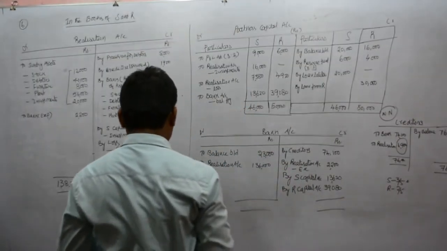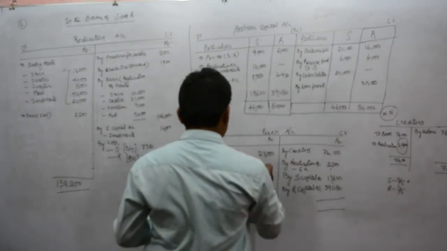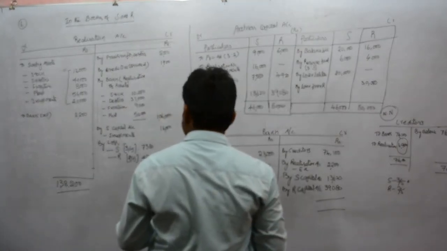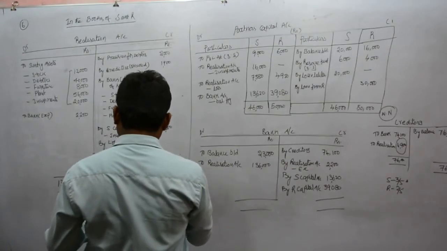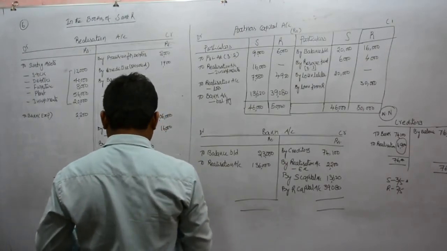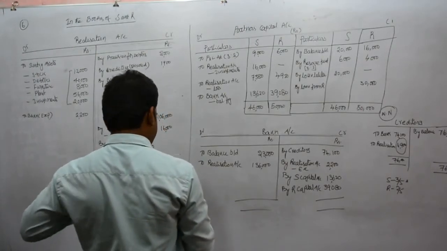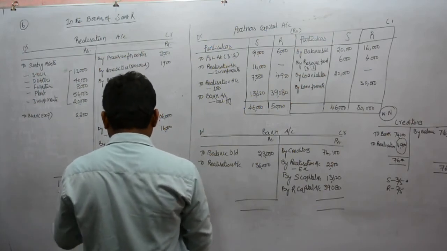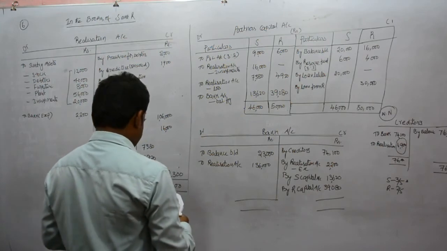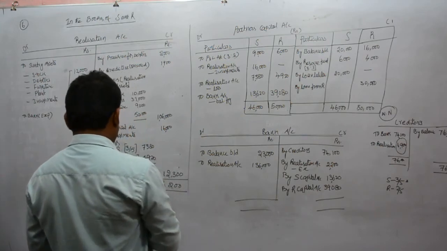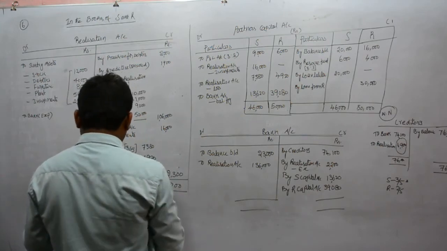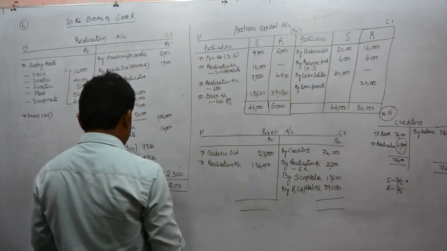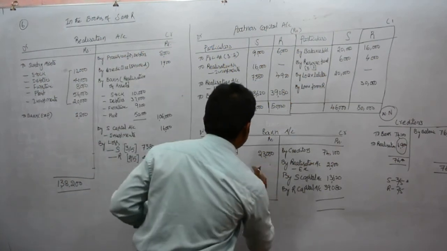See the total, 23,000 plus assets realization. Sorry, assets realization is 1,06,000.